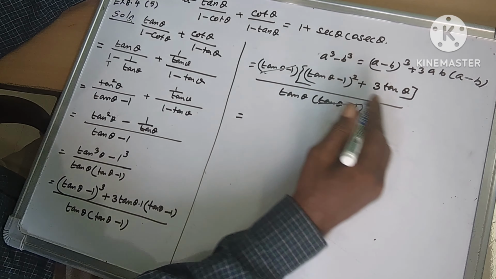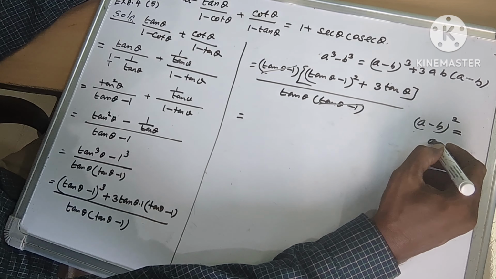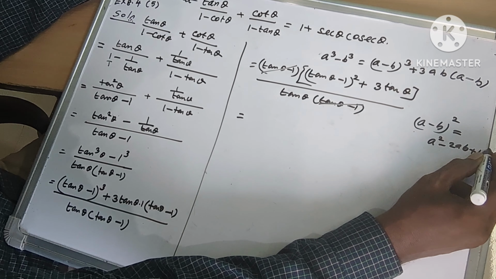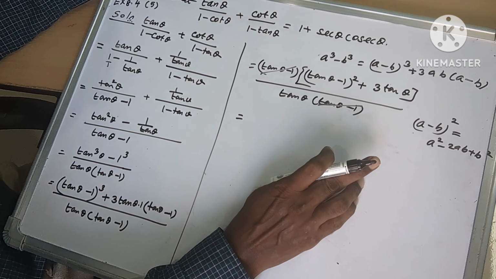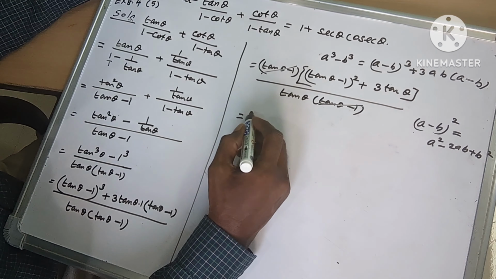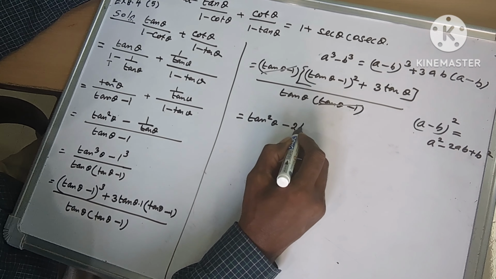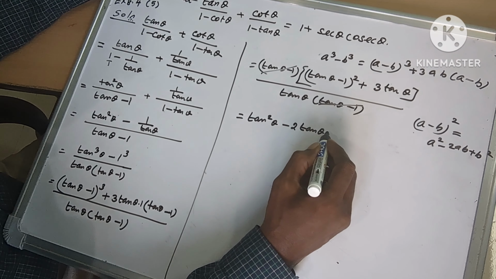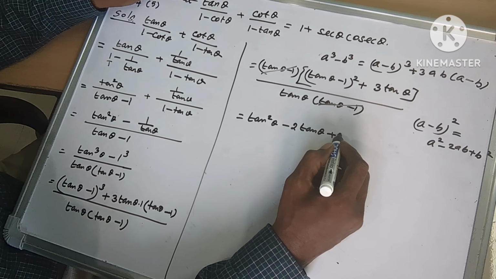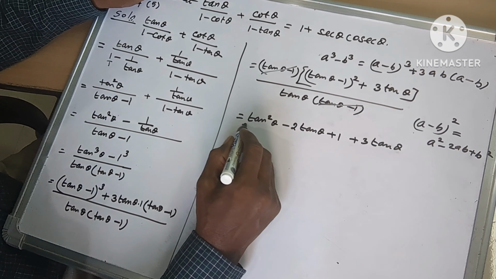We apply the A minus B whole square formula: A minus B whole square equals A square minus 2AB plus B square. So we apply it here: tan square theta minus 2 tan theta plus 1 square, 1 square is 1, plus 3 tan theta by tan theta.